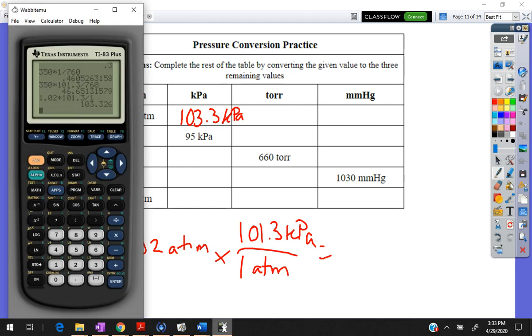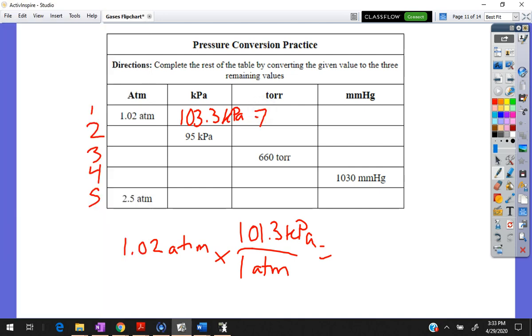If I was trying to do with torr, 1 atmosphere times 760 torr divided by 1 atmosphere gets me 775.2 torr. And then the nice thing is this last column is going to be the same as whatever your torr column is. 775.2 millimeters of mercury. Okay, go ahead and try the rest of this conversion, and then you can check your answers at the end. Have a good day.